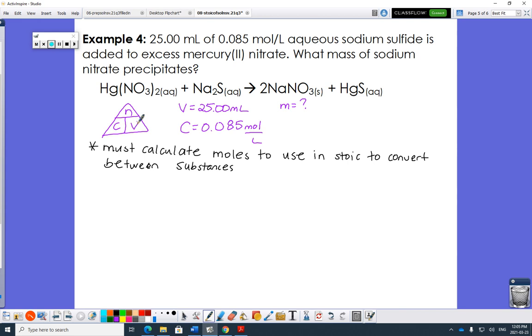So when you find moles using the triangle from this unit, you can use the triangle, or if you prefer the formula, it doesn't matter. n is C times V. Even if you forget, the units for concentration tell you that it has to be liters.